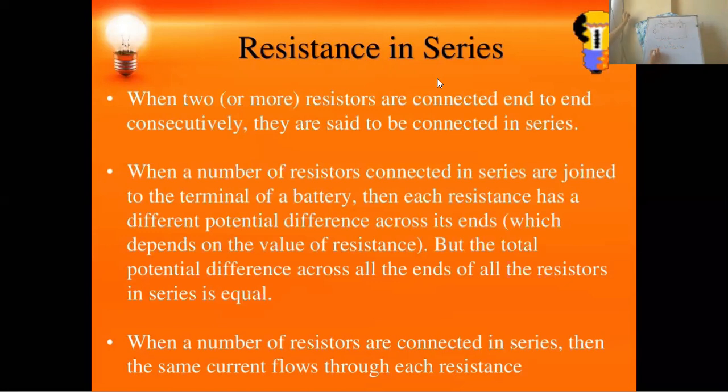Now, you know that according to Ohm's law, V is equal to I into R. Then V1 will be equal to I into R1, V2 will be equal to I into R2, and V3 will be equal to I into R3.